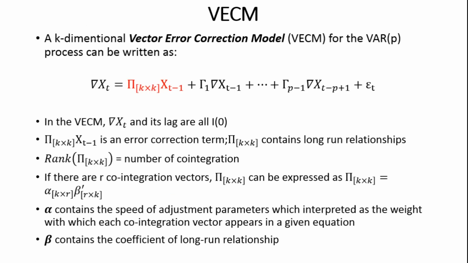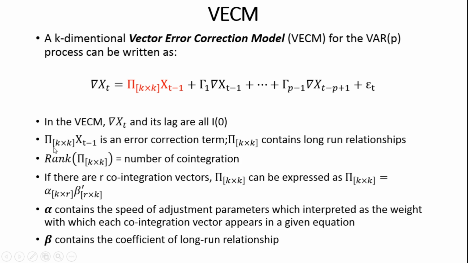So a k-dimensional vector error correction model for a VAR(p) process can be written as given on your screen, with the error correction term in red. In the vector error correction, the differential of xt and its lags are all stationary.